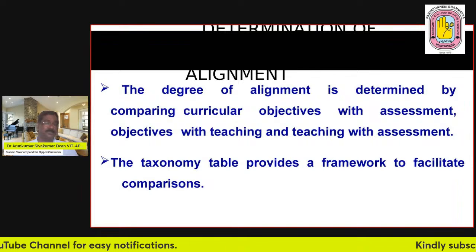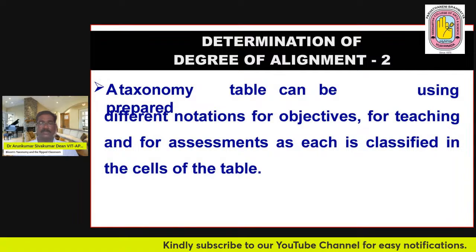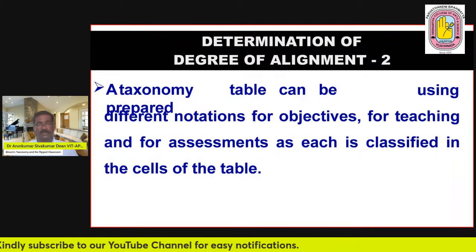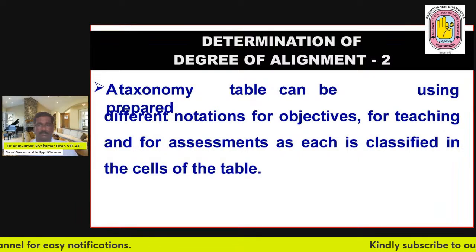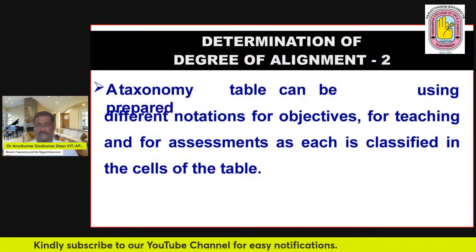Taxonomy table, you can see here, we have already showcased the taxonomy table, different levels of knowledge. You remember factual knowledge, conceptual knowledge, procedural knowledge, metacognitive. Like that, you have to formulate, and you have to put appropriate assessment techniques.